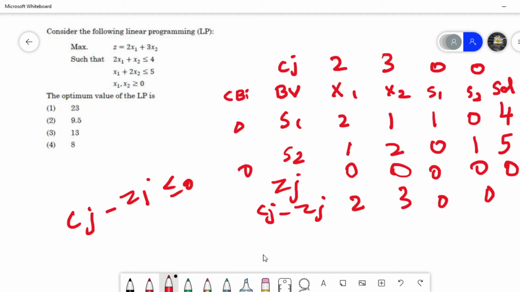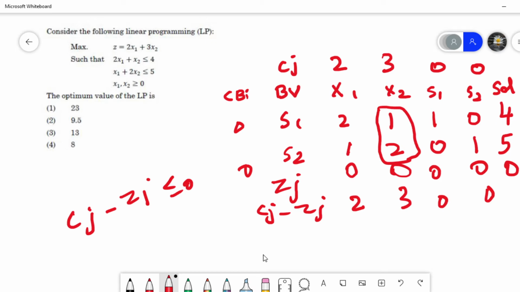From these values, we are going to select the most positive value. The most positive value is 3. So we should choose the column corresponding to that value.